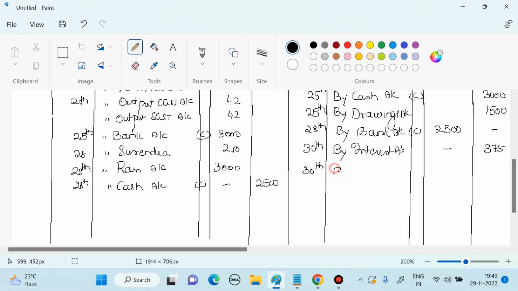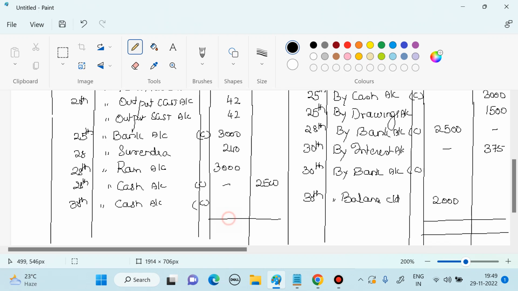There's going to be a contra entry: bank account debit to cash. And then we would be having the balance, by balance carried down. Carry down cash, we know, 2000. For the bank, we would ascertain it. Getting it? What we're doing?